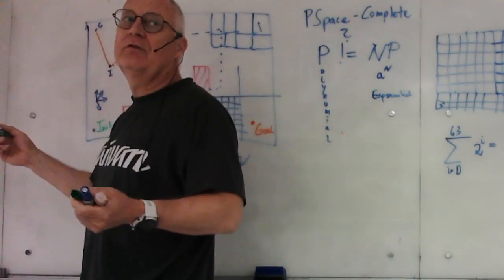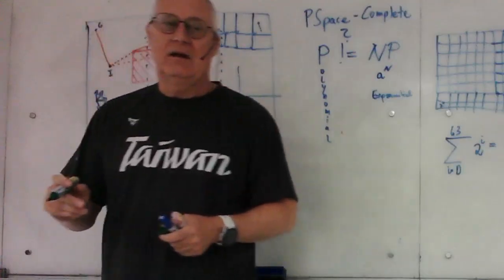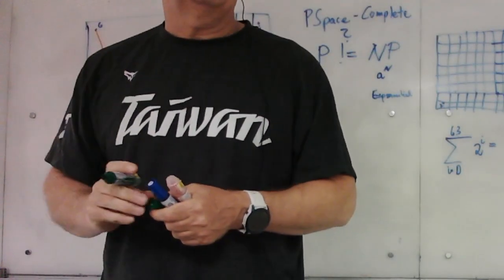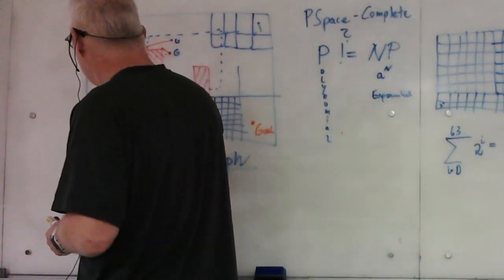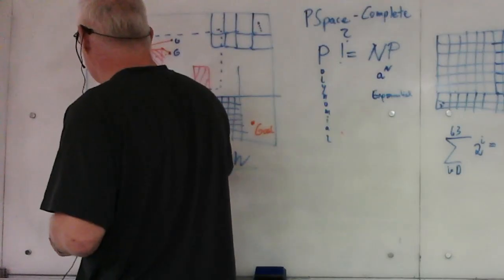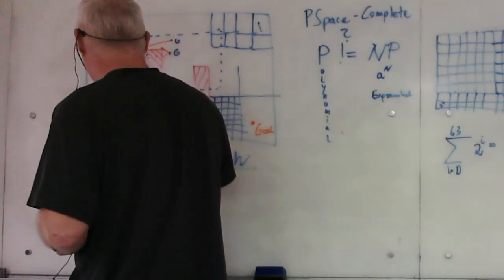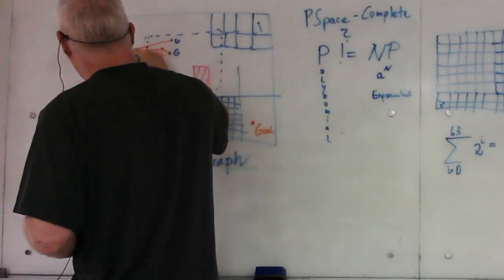In fact, it can be a lot more efficient than using this discretization, because what we need to do is create what's called the visibility graph, which is simply the graph that you get from which vertices you can see from which other vertex. So let's say from here I can go in a straight line to this vertex. I can go to this vertex. I can go here. I can go here.